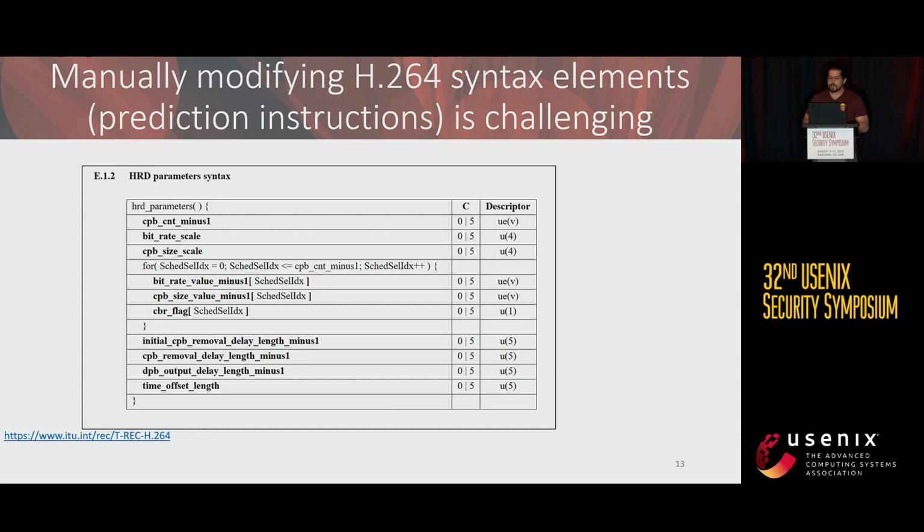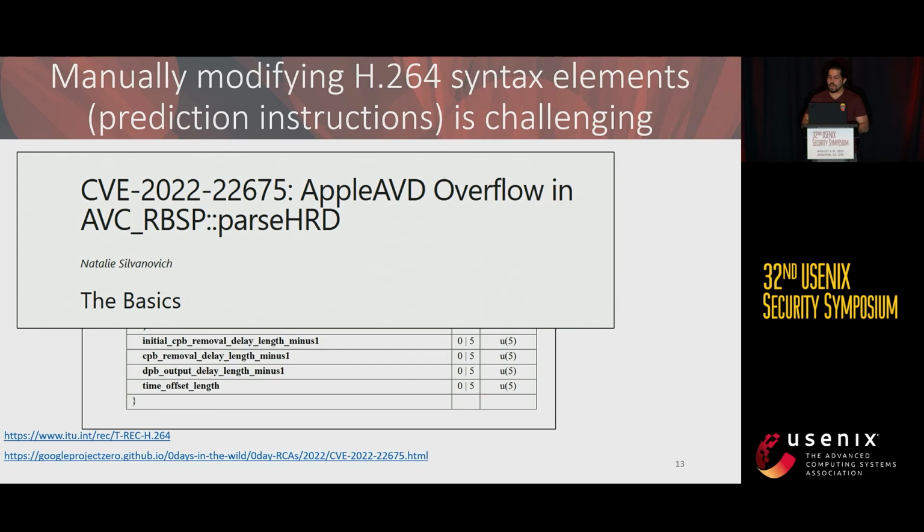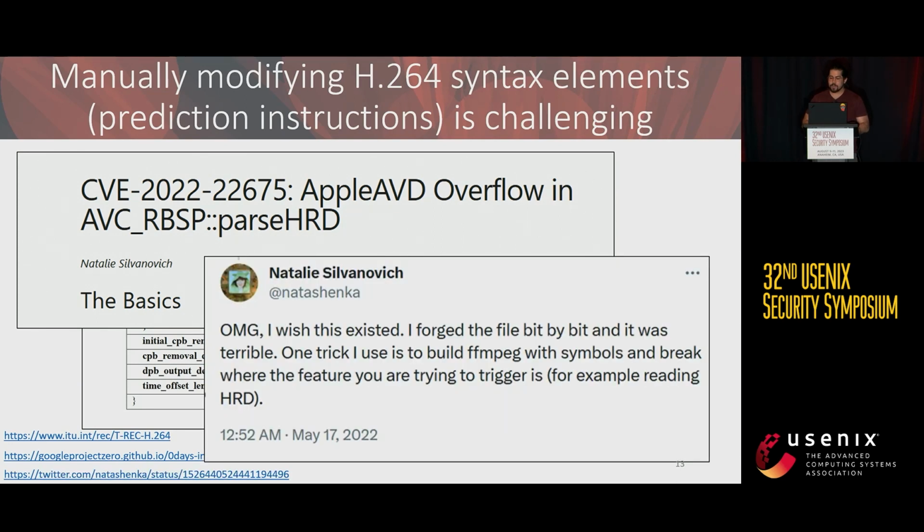It turns out that there was no public tool to easily modify syntax elements, so researchers were forced to create their own tools or modify them manually. For example, when investigating an in-the-wild Apple video decoder vulnerability, Natalie Silvanovich of Google Project Zero shared that she had to forge the file bit by bit, and that it was a terrible experience.